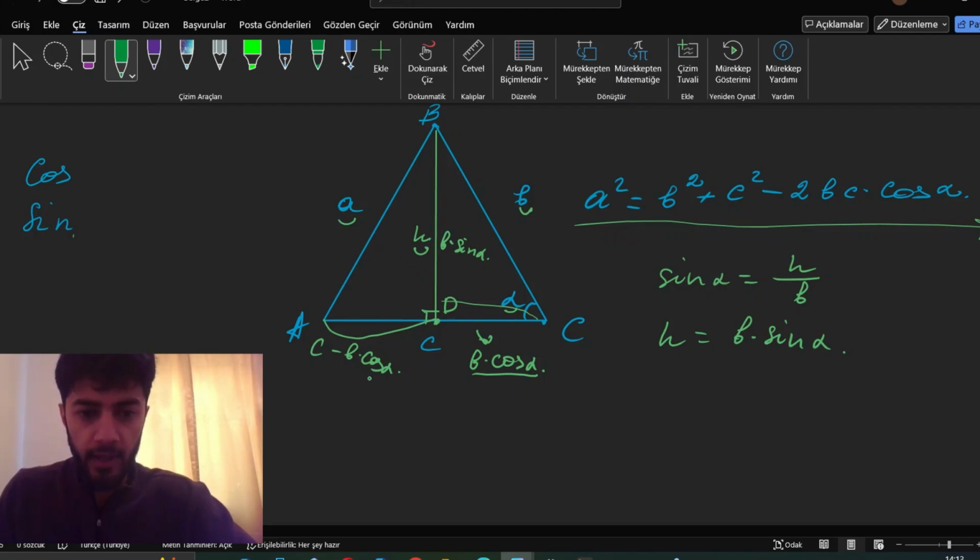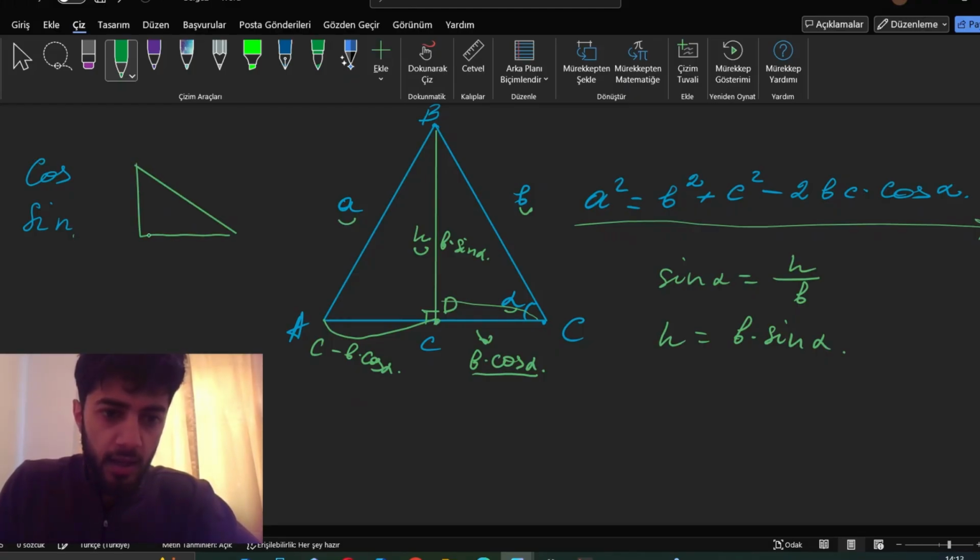Pythagorean theorem. What does the Pythagorean theorem say? Let's look it up. That's our right triangle. Let's call the legs A and B and the hypotenuse C. The square of the hypotenuse is equal to the sum of the squares of the legs, A squared plus B squared.